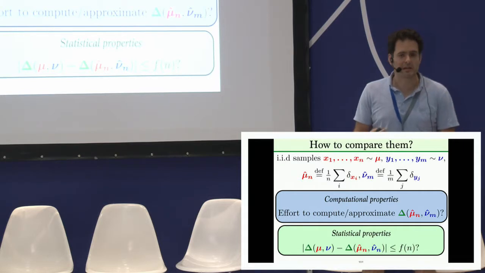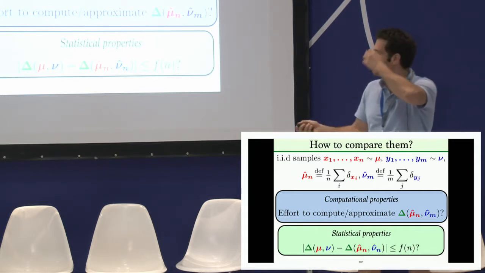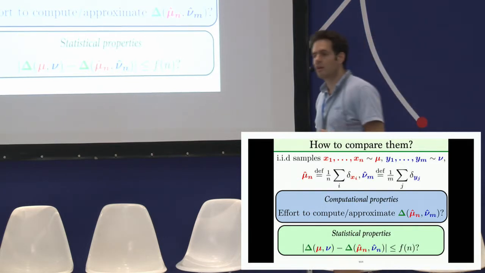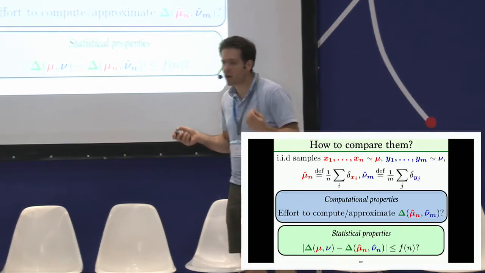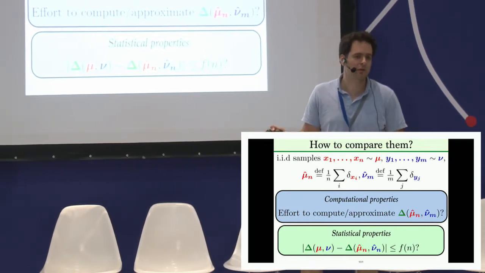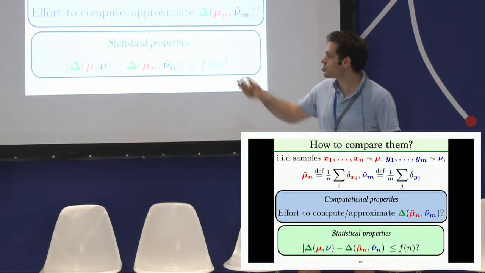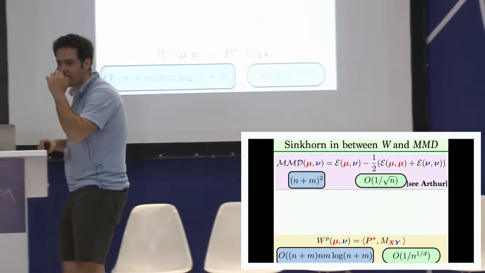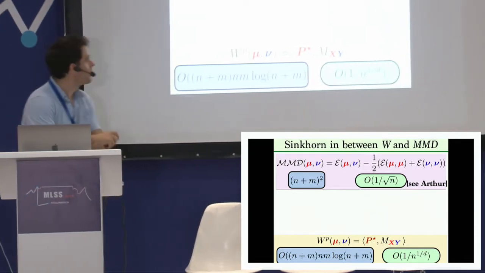Meaning there is a statistical limit to what you're doing. You might be defining a very exciting divergence, but if it is very hard to estimate with n points, then it may not be doing the right job. And so we can compare those divergences based on those two aspects.